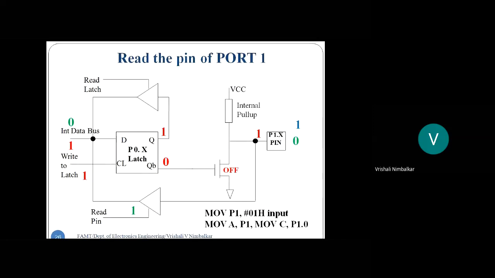Then again the instruction has the port acting as a source, not the destination, so again the read pin will be activated. See the blue color. This will enable the buffer or the driver, and this logic 1 will be transmitted through this path, through the lower buffer, and placed on the internal data bus.